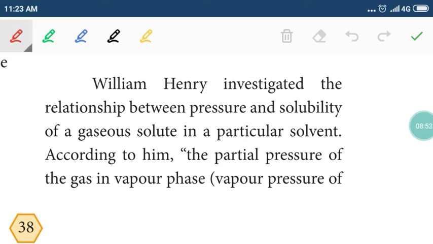If a container has 3 gaseous molecules, each has a particular pressure, which we call partial pressure. So the partial pressure of a gaseous molecule is directly proportional to the mole fraction of the gaseous solute in that solution. This is called Henry's law.